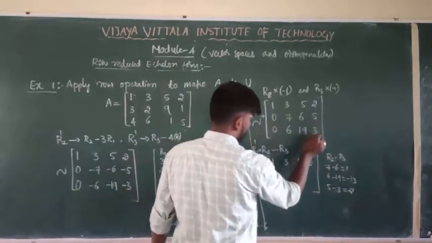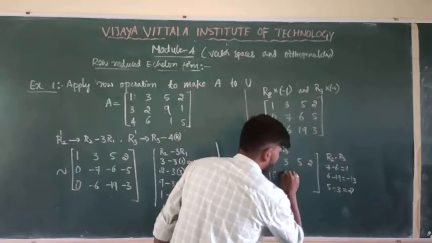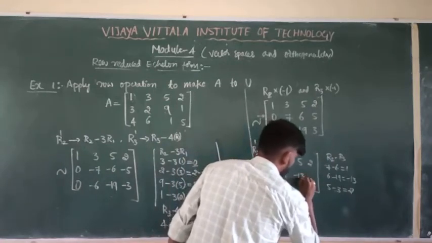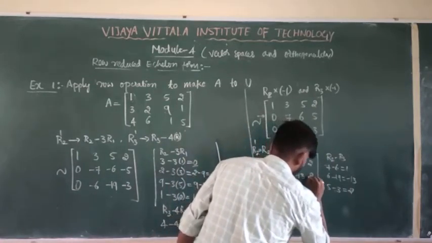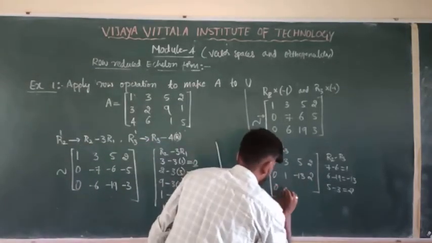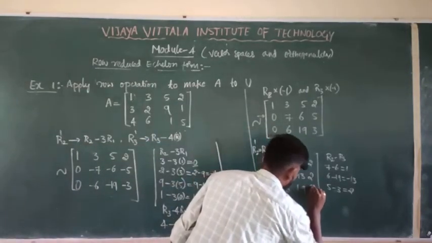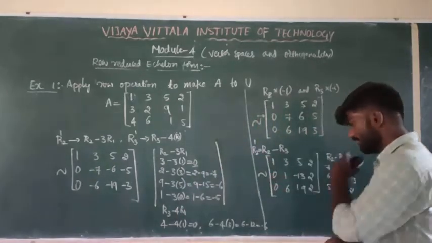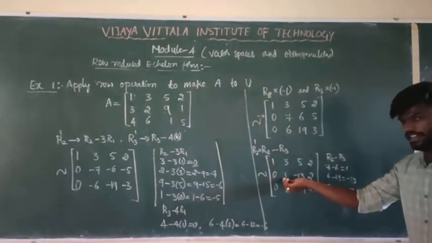Therefore 0, 1, minus 13, 2, and 0, 6, 19, 3 in the third row.